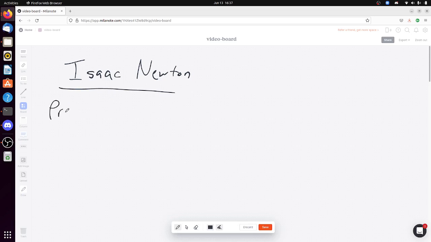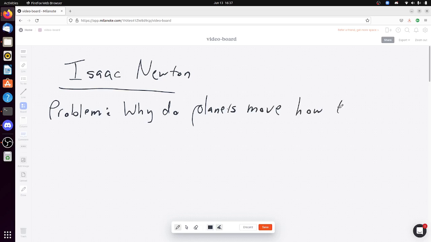The problem was to understand why the planets moved the way that they did. That was what Isaac Newton was trying to understand. There were several pieces of knowledge that he had at the time based on the work of previous scientists.